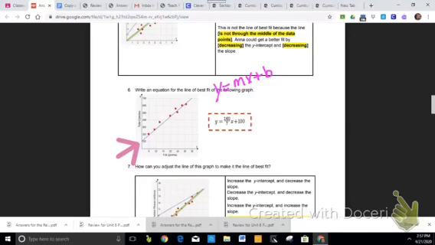Yes, I just said it in our last problem. It's always b, the y-intercept. And this problem starts at about 100. So our b for y equals mx plus b is going to be 100 because that's where my line starts.